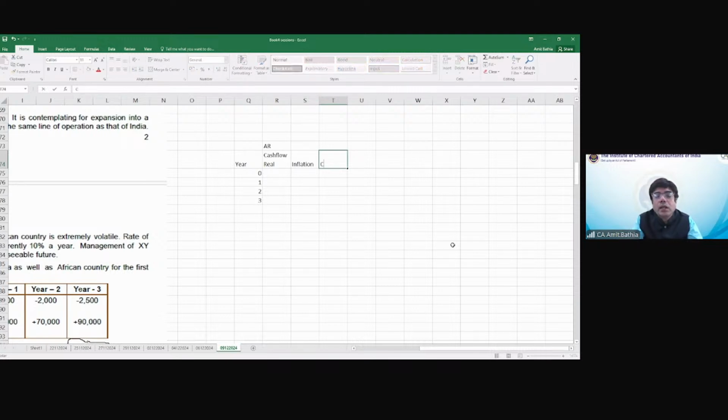And then I'll get cash flow, which is nominal cash flow, right? So first of all, what I have done is I've got AR, which is the real cash flows, African rands, and then I'm going to have African rands nominal cash flow. Okay, I'm focusing right now on one currency at a time, which is African rands.